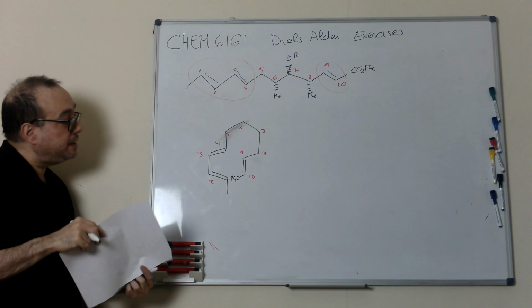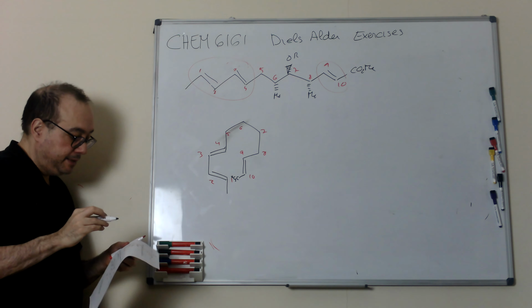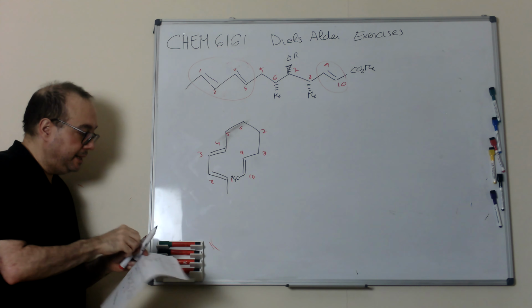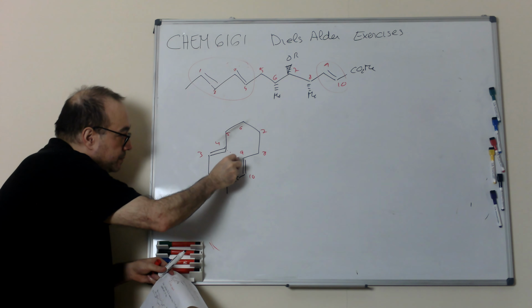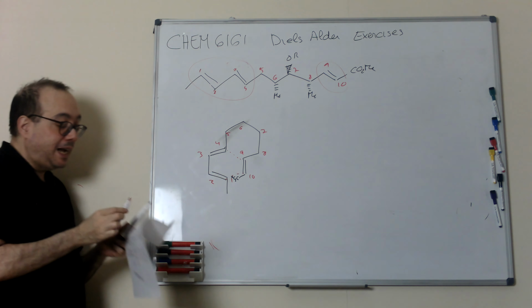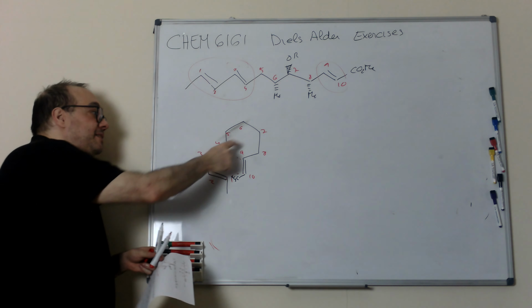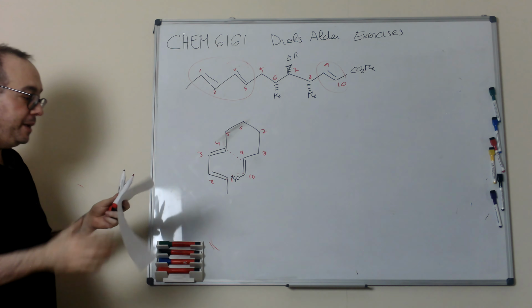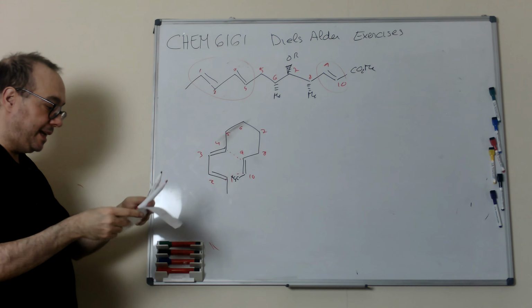Then what I have to check is that what I will form is basically these two bonds. And I have to be aware that this is a 6-member ring. That means I can draw the transition state in a chair approach.